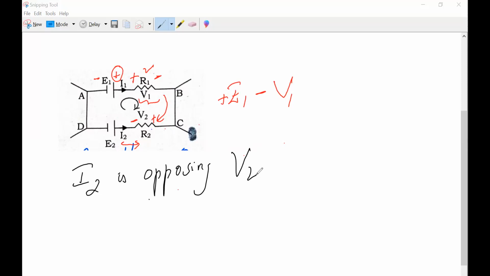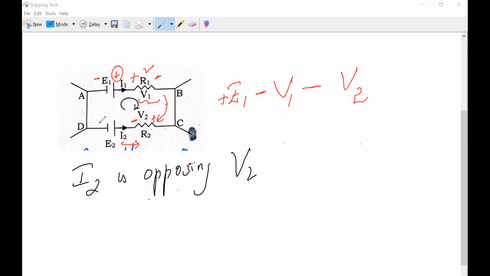Normally, according to this, let me show you with the spotlight. If I want to write for this V2 plus and minus, normally I'll write minus V2, right?